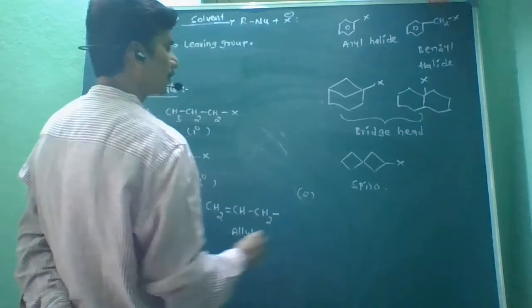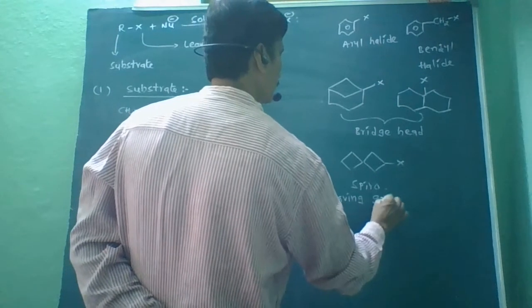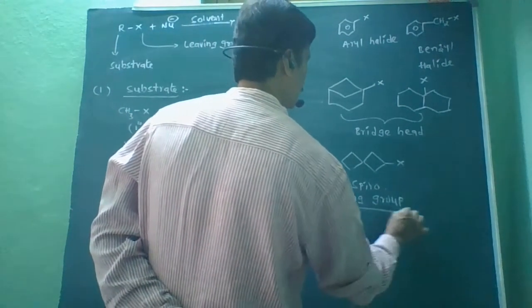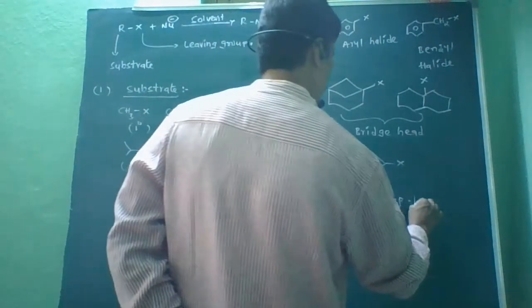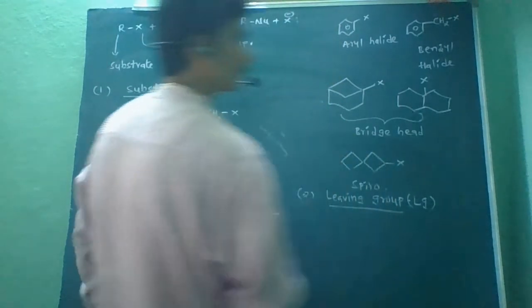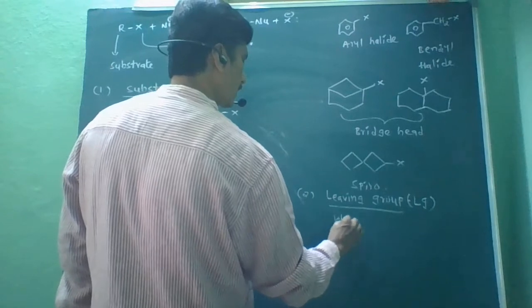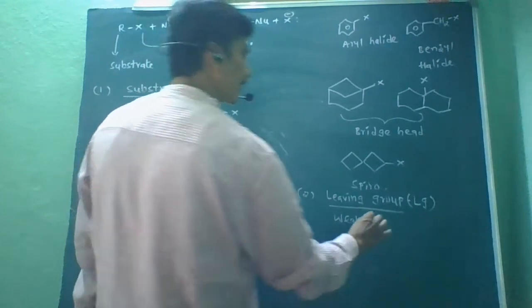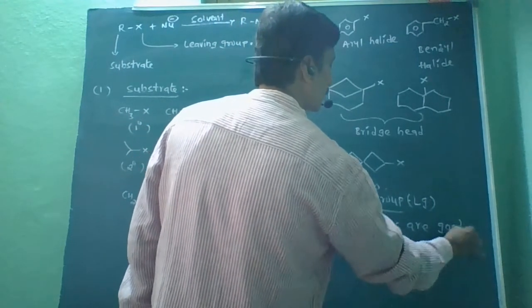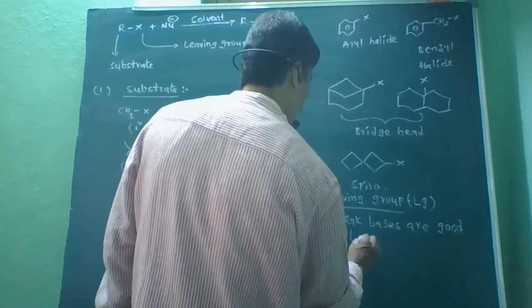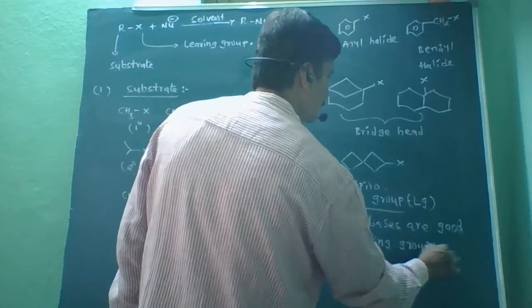Come to the second one, LG, the leaving group. Leaving groups are weak bases, or good leaving groups.